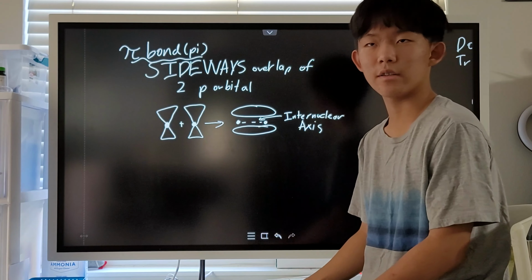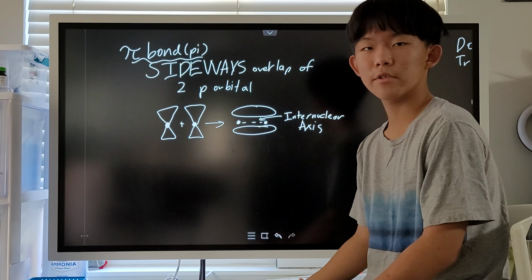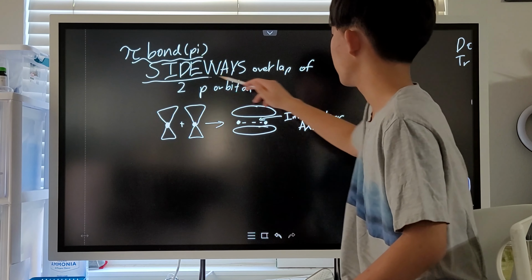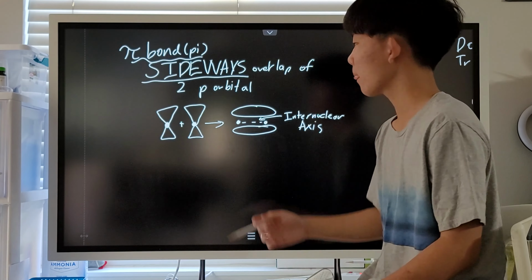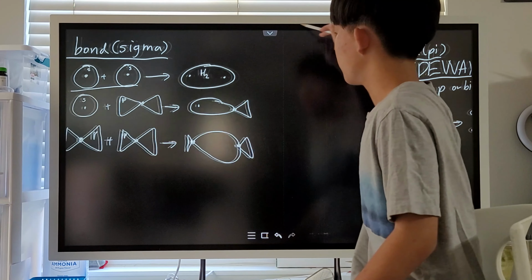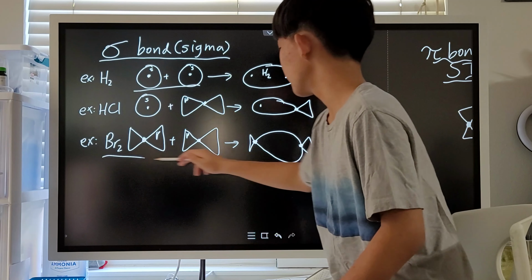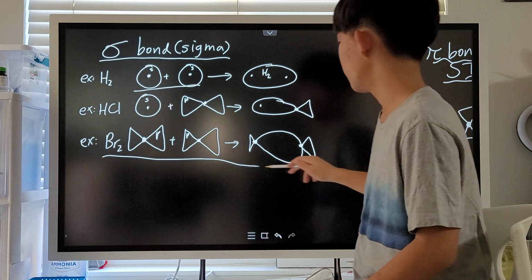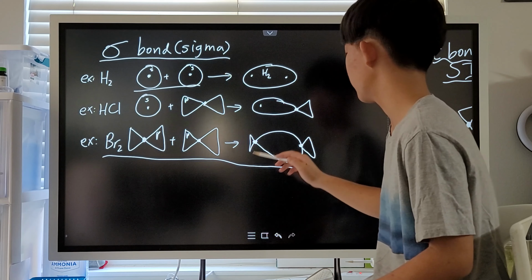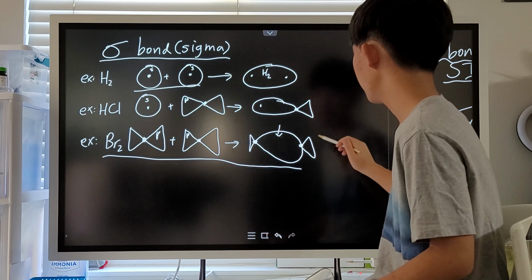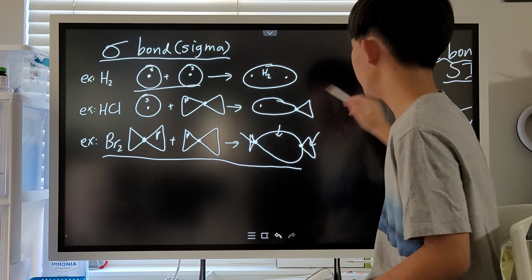Now pi, unlike the food or the number, in chemistry a pi bond is the sideways overlap of two p orbitals. If you go back to sigma bonds, you can see this example where the two p orbitals approach each other horizontally and merge together to produce one large cloud and two lone p orbitals.